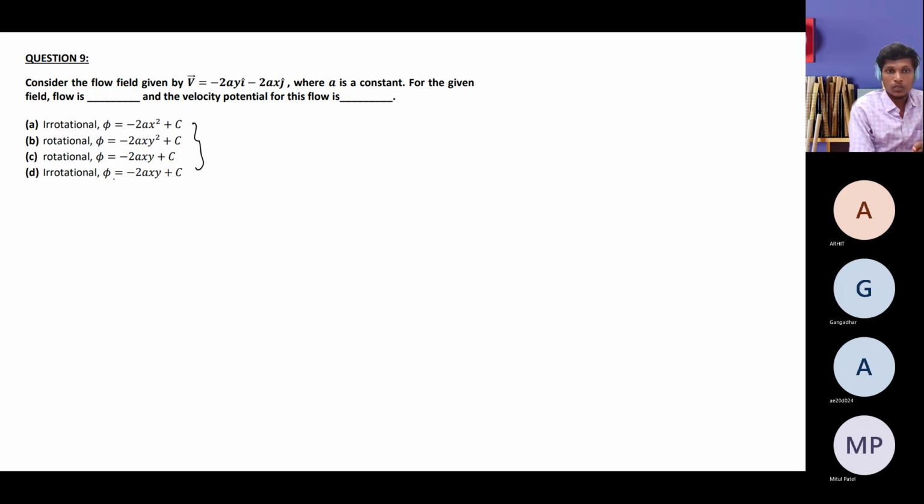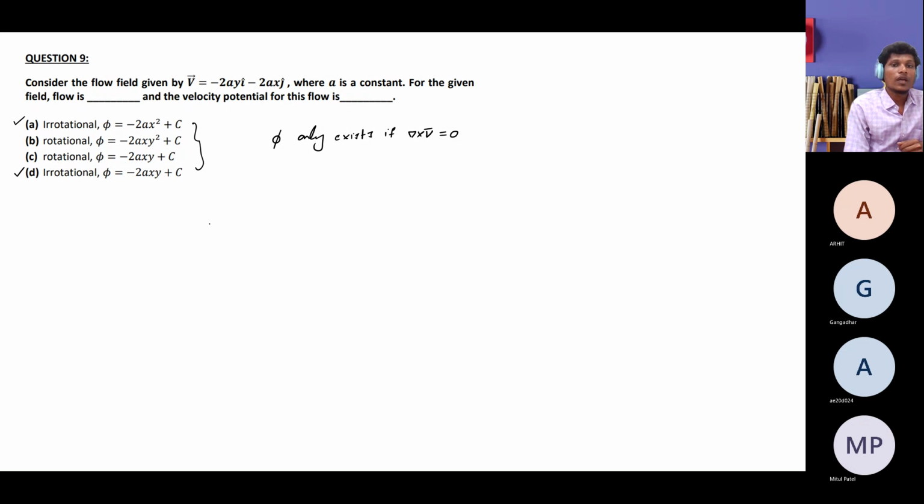From our understanding, the potential function phi only exists if del cross V bar equals 0, that is, if the flow is irrotational. Since phi is given for all options, it should be either option A or option D.